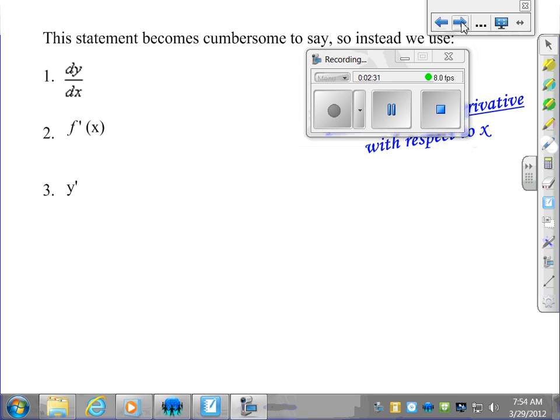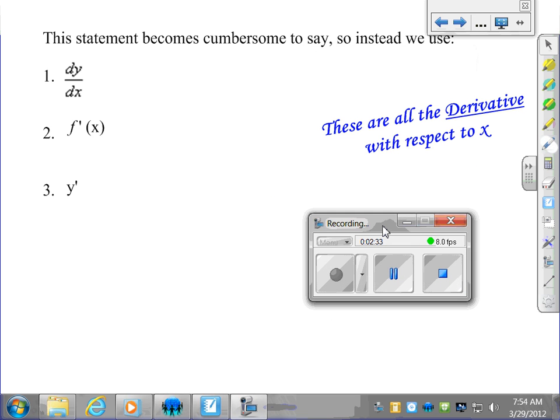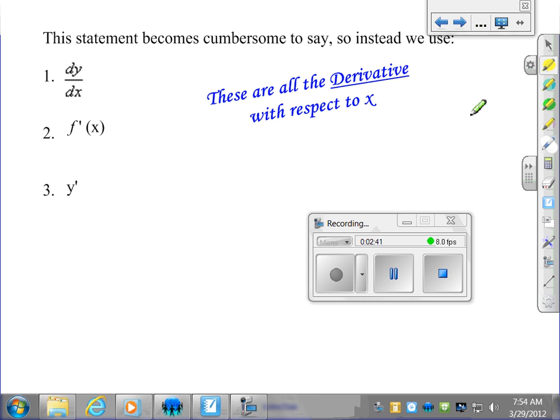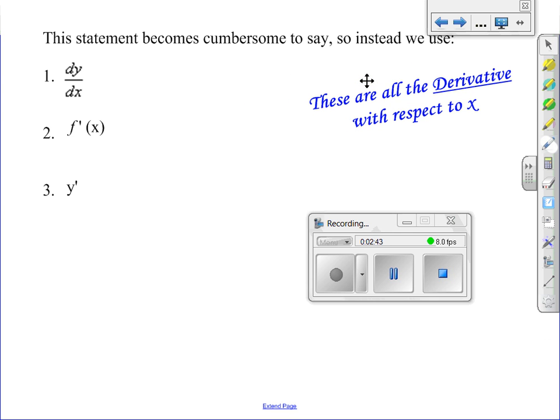And when we talk about it, we're not always going to say that this is the derivative with respect to x, which is what we're going to be doing, but we are going to use some other notation. The first one here is dy over dx. And the way you say that, at least the way I say it, is simply dy dx.